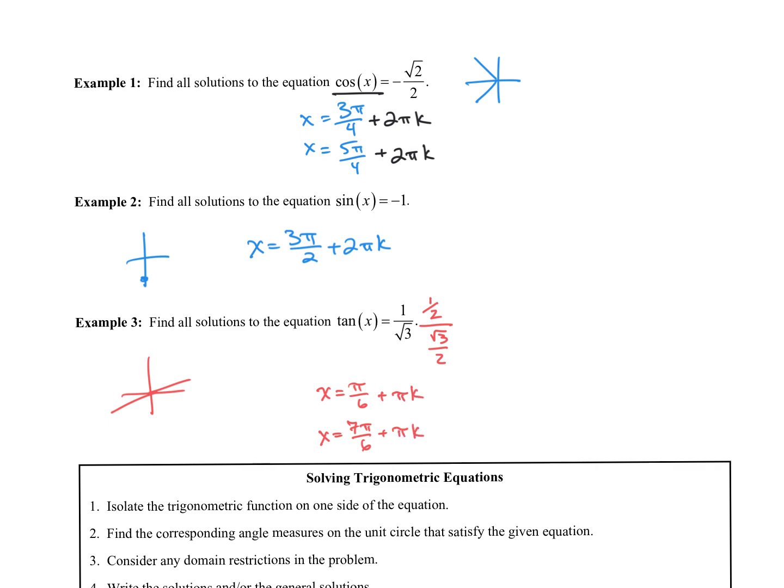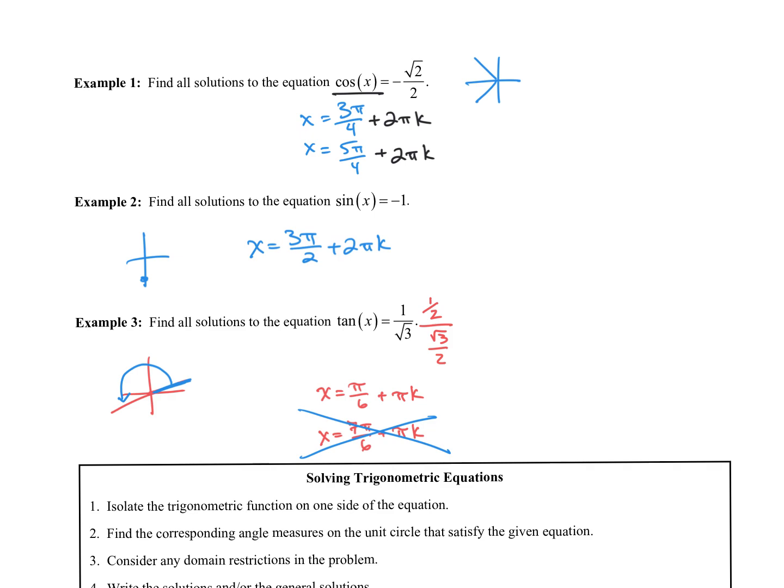But this one we don't need both. And I want to talk about why we don't need both. So if we look at pi over 6 and we add pi to it, pi is how much around my circle? It's halfway. And so if I go halfway, guess what it goes to? 7 pi over 6, right? And so I don't actually need this one.